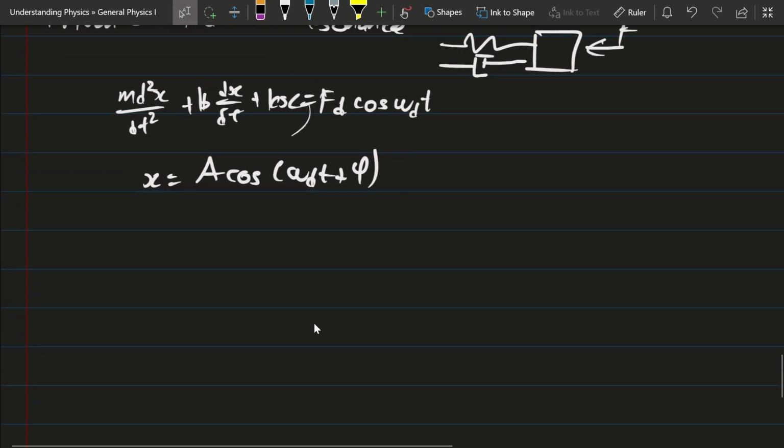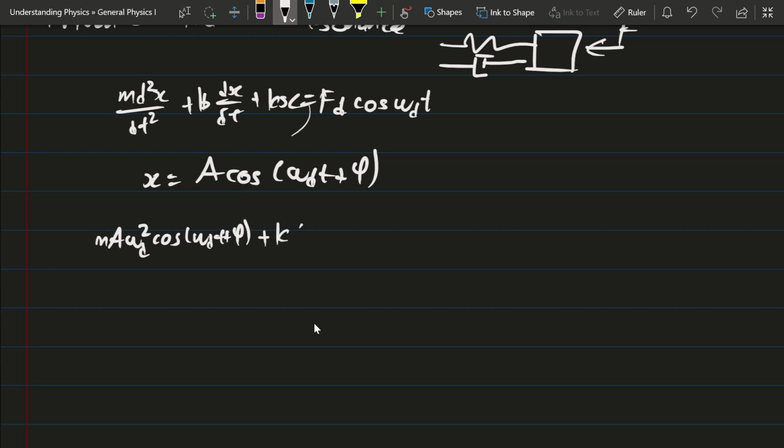So if we try to plug it in, it's minus m A omega_d squared cosine(omega_d t plus phi) plus k A cosine(omega_d t plus phi) plus b.